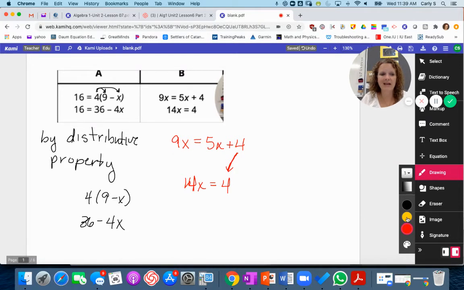I would have to add 5 to both sides of the equation to get 14 on the left.